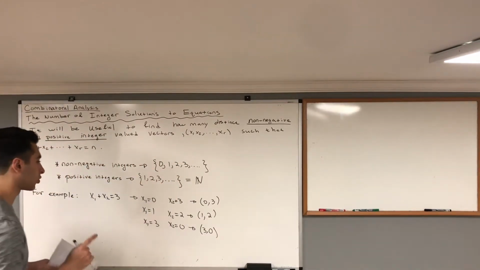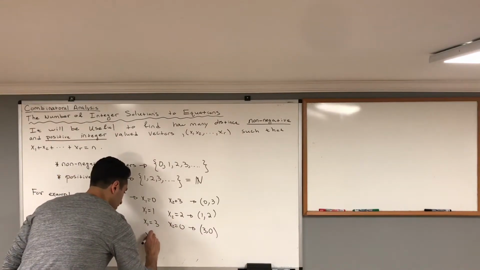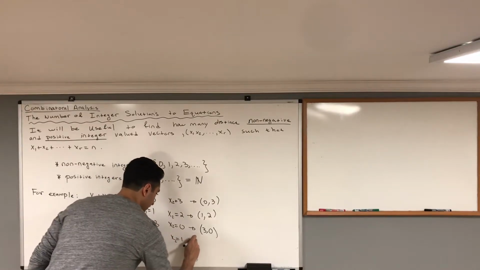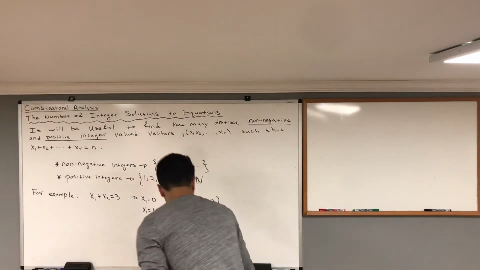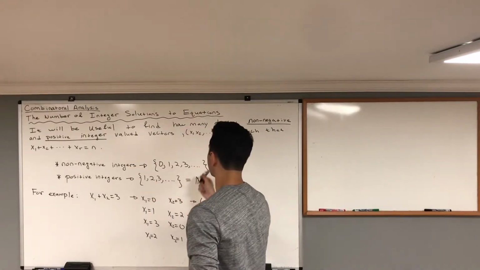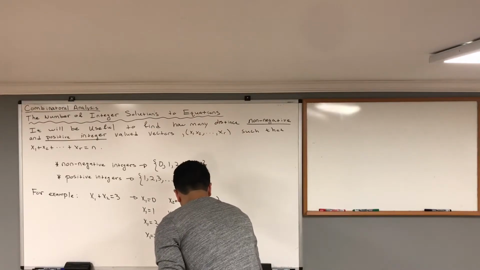And I think we have one more where I switch the 2 and the 1 here. So x1 can be 2 and then x2 can be 1. And this is my final and last vector where the sum of x1 plus x2 will give you 3 from this list only. So 2 and 1.